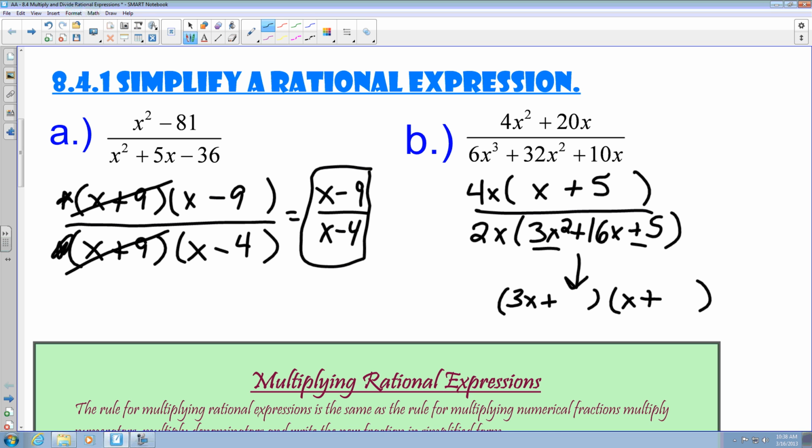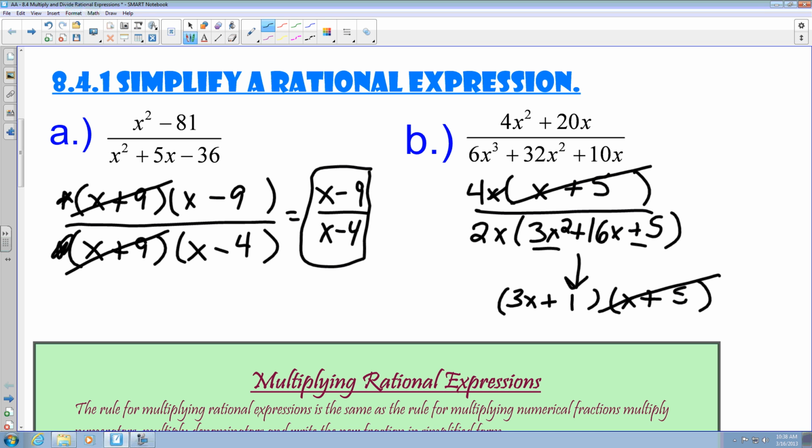And then I need to find numbers that, when we add these all together, give me 16x, but the product is 5, and it's going to be a 3x plus 1 and an x plus 5. And see here I have an x plus 5 in the numerator and an x plus 5 in the denominator. And then I have 4x divided by 2x.